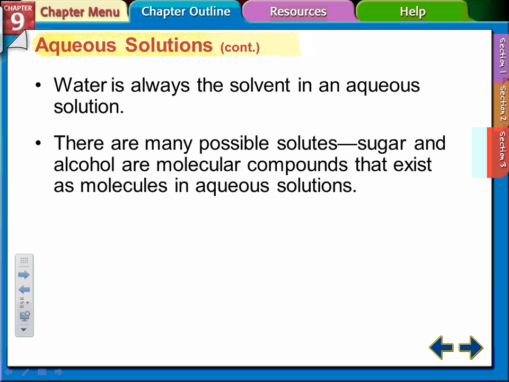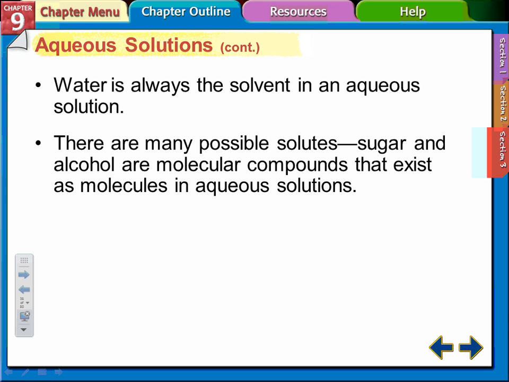There are many possible solutes, many things dissolve in water: sugar and alcohol, table salt. Two they point out here, sugar and alcohol, are not ionic compounds, they're molecular compounds that dissolve in water.